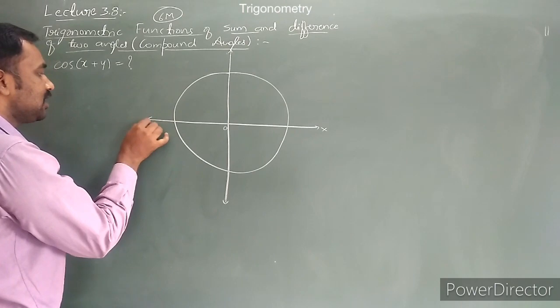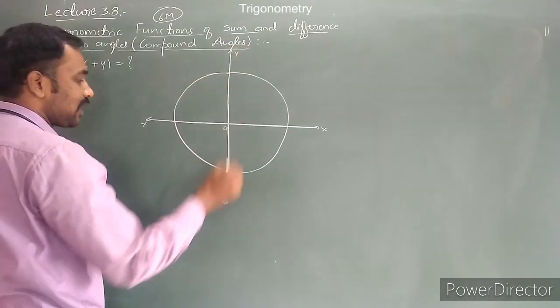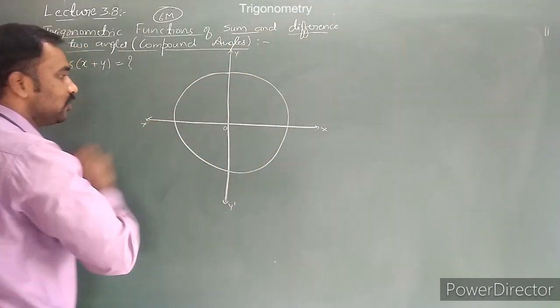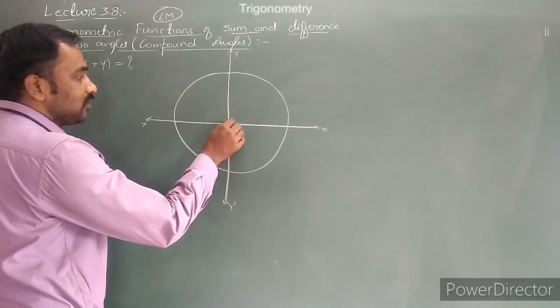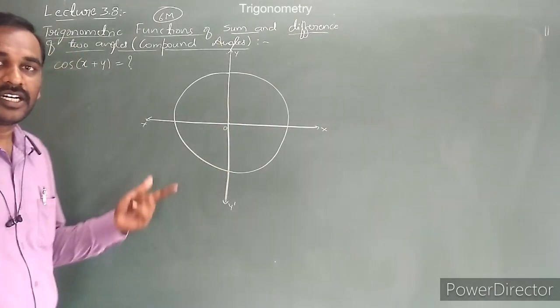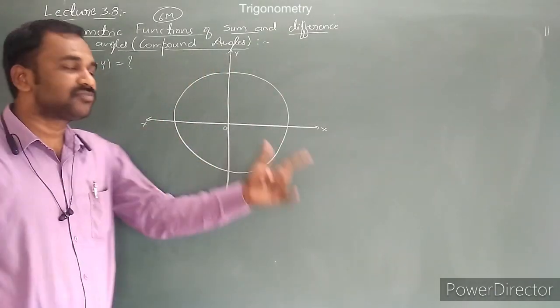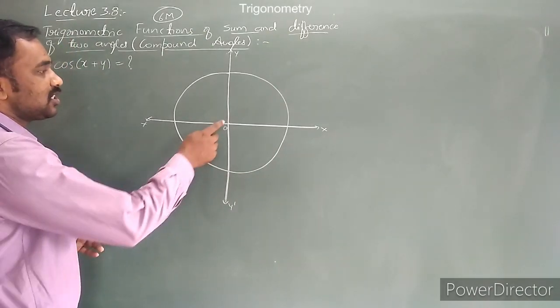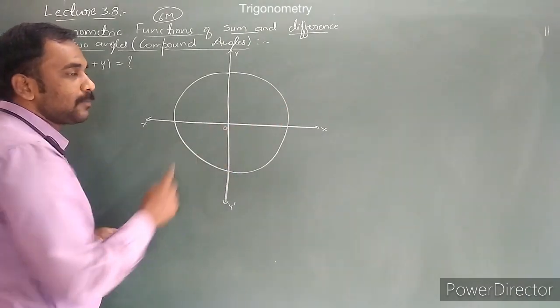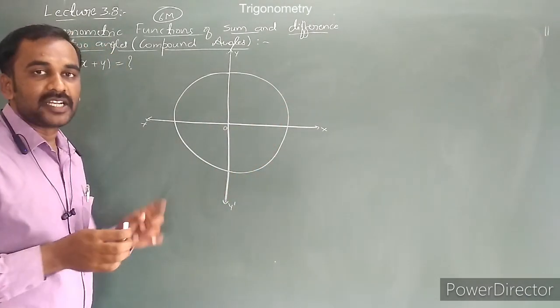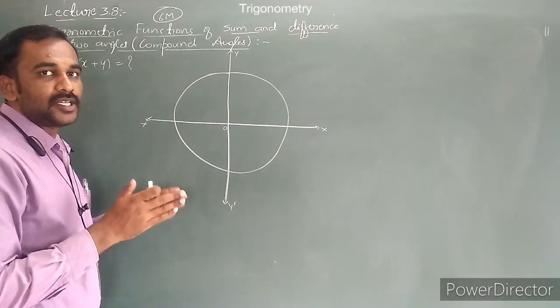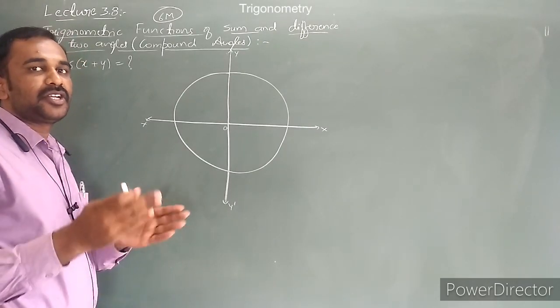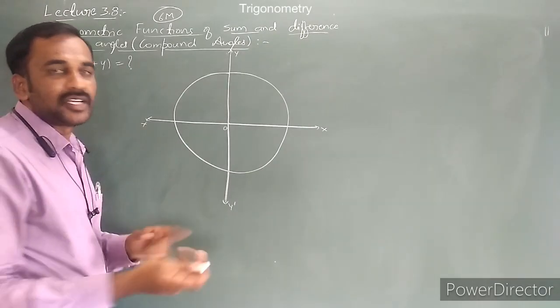The center of the circle is at the origin. This is Y, O, Y dash, X, O, X dash. A unit circle is nothing but a circle whose radius is equal to 1 unit, whether it might be 1 centimeter, 1 millimeter or 1 meter, whatever.